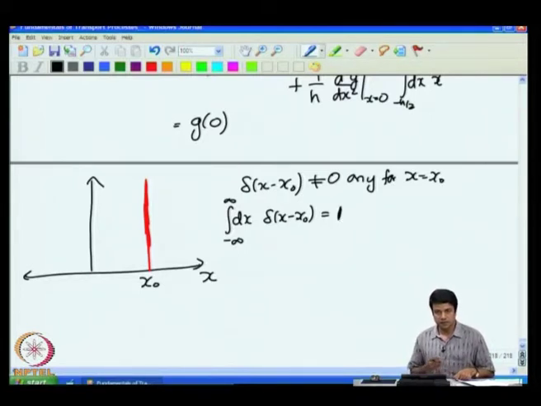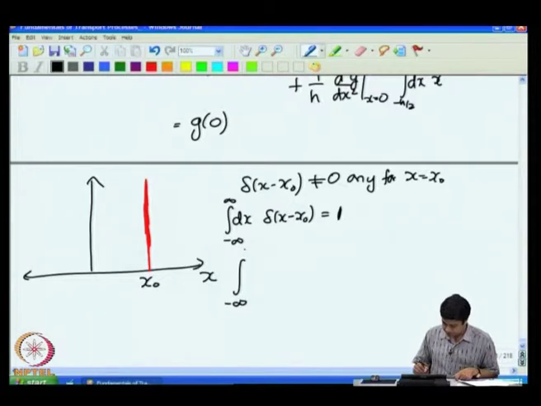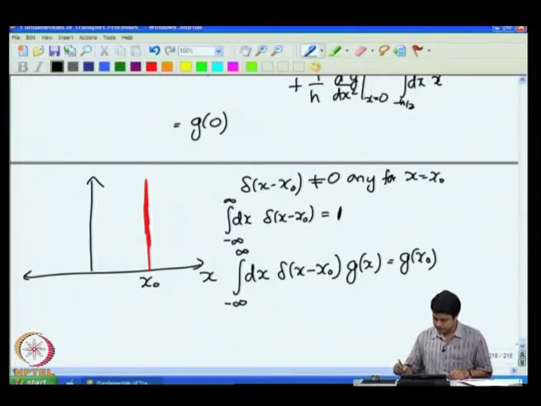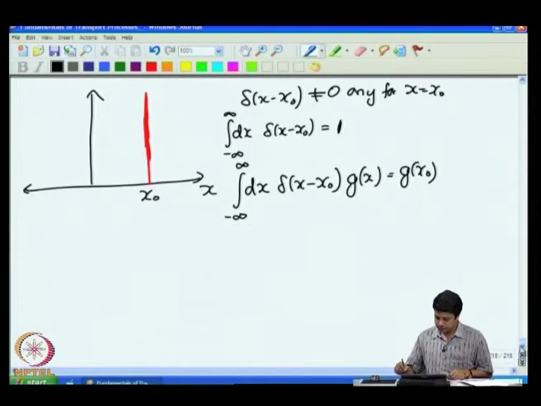Area under the curve of this delta function is independent of where it is located, it is always equal to 1. And integral minus infinity to infinity dx delta of x minus x 0 g of x is equal to g of x 0. So, these are the properties of the delta function.